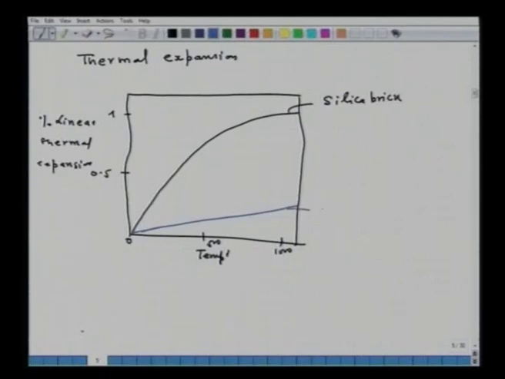This is the carborundum brick. Carborundum bricks have very low thermal expansion, and the carborundum is followed by the Al2O3 brick, then the magnesite brick. This is for the magnesite brick.